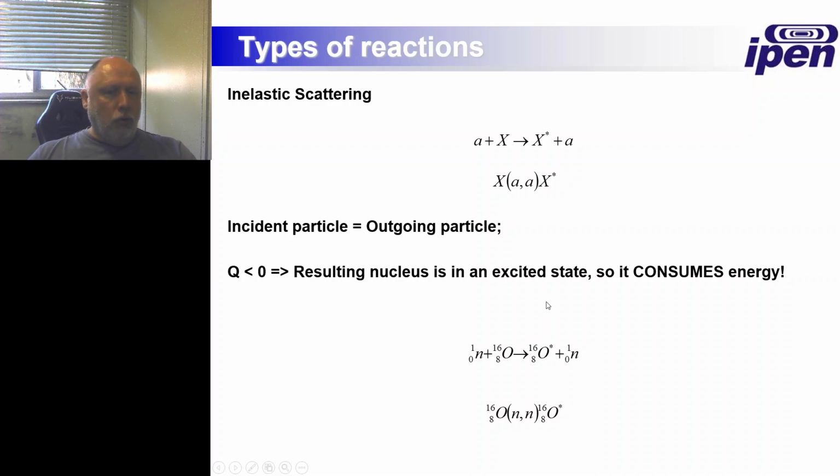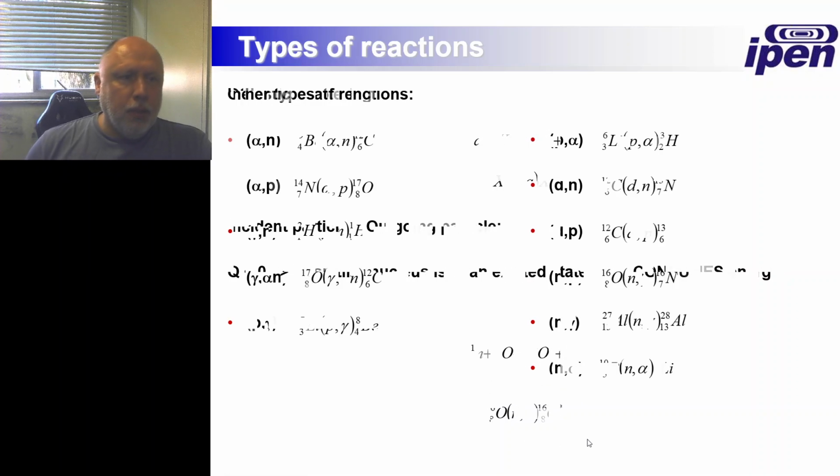This is also very common, and if the nucleus is left in an excited state, at some point it will emit this back as gamma radiation. So this is an example: a neutron scattering on oxygen, leaving the oxygen-16 in an excited state. And this is how we write it.